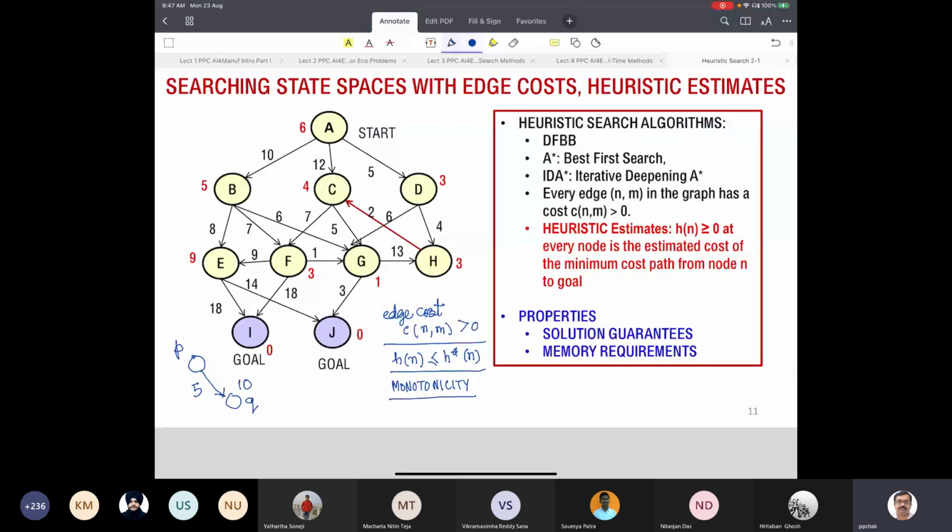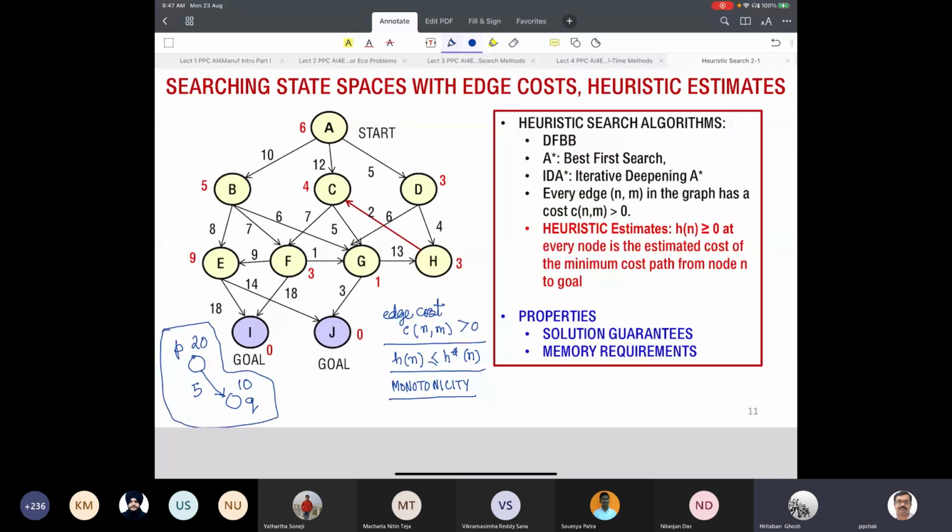Now I ask you, if I say that the heuristic estimate of P is 20 and all heuristic estimates are underestimates, then can you find some fallacy? Given this, can you say something about this?